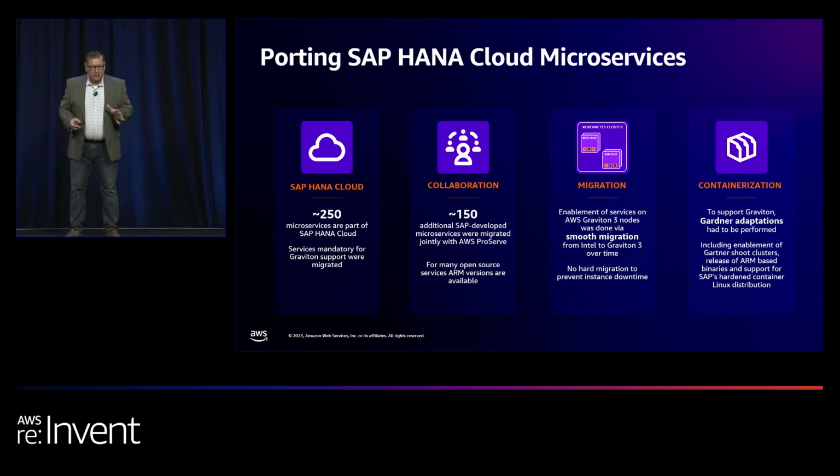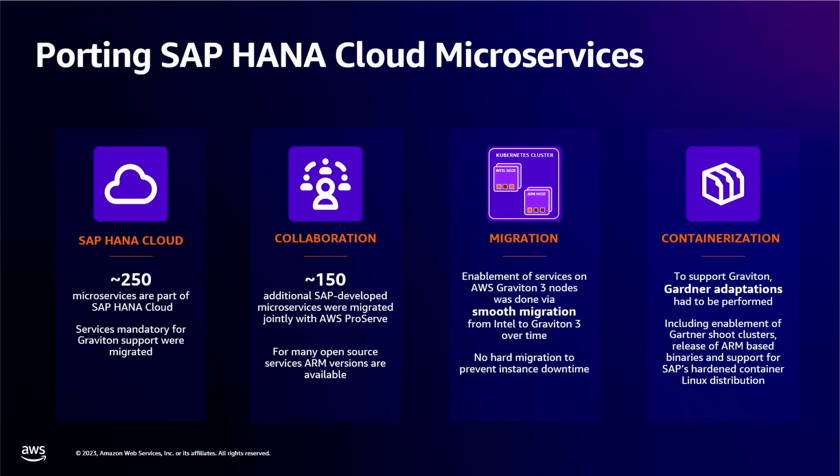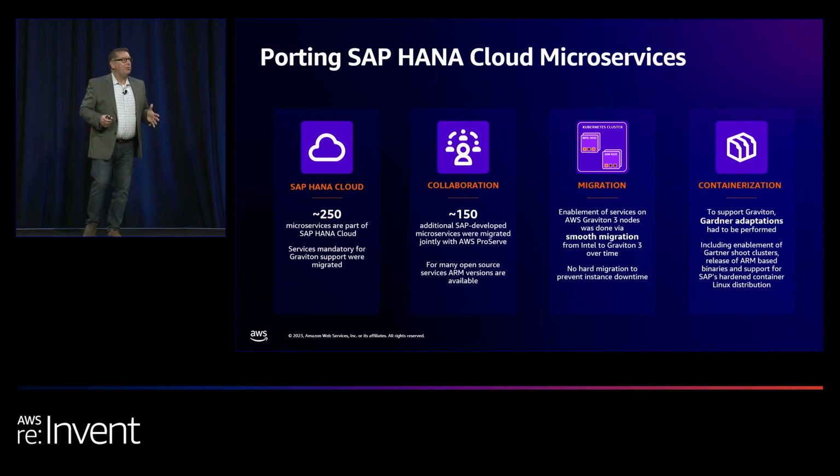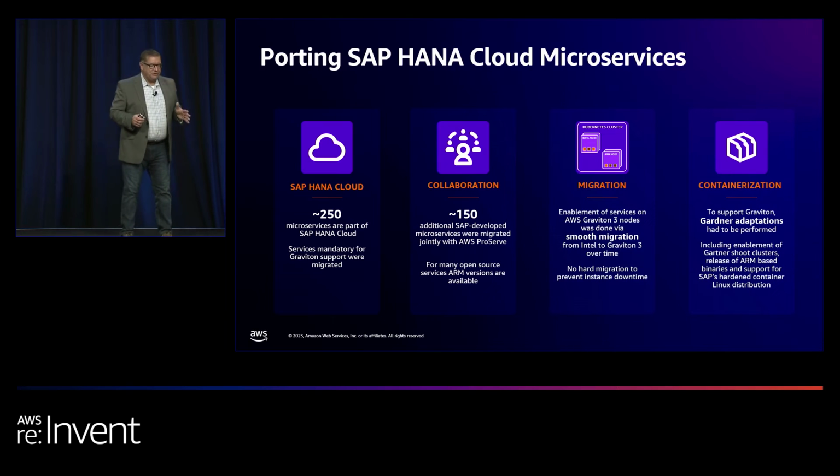So let's touch a little more on the microservices, because I've mentioned them a few times now, just to put things in perspective. This is an overview of the different aspects of the microservices we were dealing with, and how we collaborated, migrated, and containerized them. Essentially, we were dealing with about 250 microservices that were part of SAP HANA Cloud.